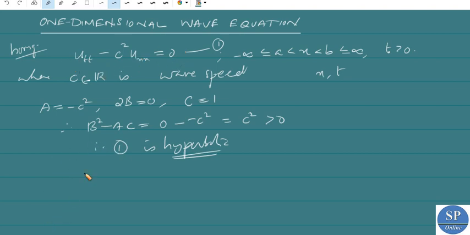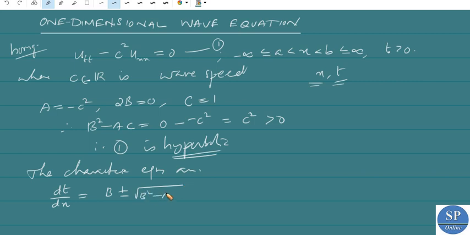For that we need to find the transformation zeta, eta, the new variables. The characteristic equations are given by, here the variables are x and t, dt by dx equal to B plus or minus square root of B squared minus AC divided by A. So this is 0 plus or minus square root of c squared divided by minus c squared, which is minus or plus 1 by c.